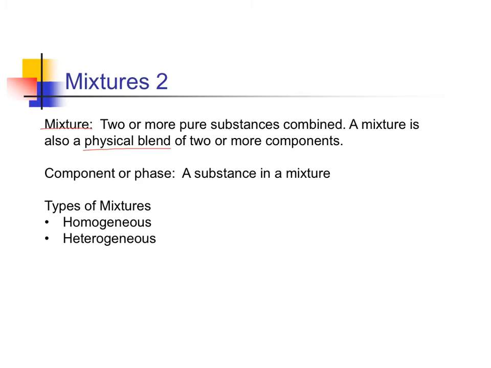You take orange juice, for example. I love drinking orange juice. It's one of my favorite things to start off my day, is a glass of orange juice. That is a mixture. There's a lot of stuff inside there. And if you let some orange juice set long enough, you can physically see there's stuff inside there, the pulp and all that other good stuff with all those great vitamins for us.